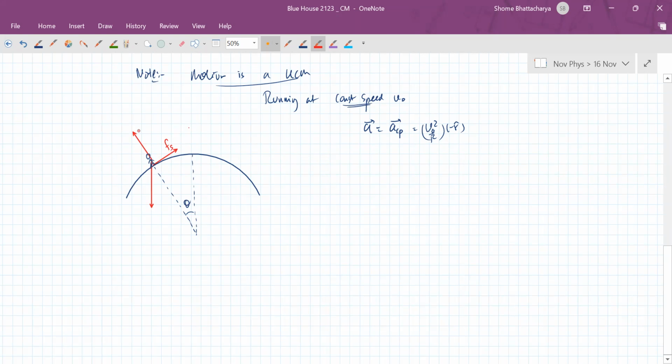That is the static friction acting on his feet, assuming that he's not slipping. So his feet are gripping the ground and there's a static friction acting on it. And he's moving at constant speed V naught. So he has a centripetal acceleration in this direction, but tangential acceleration is 0.